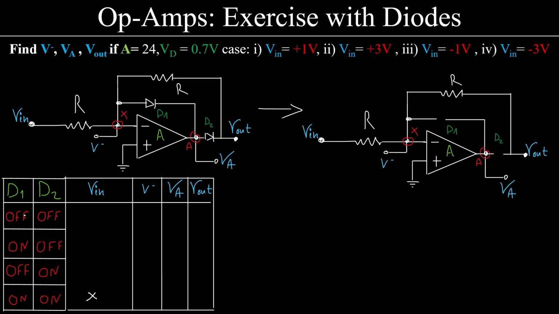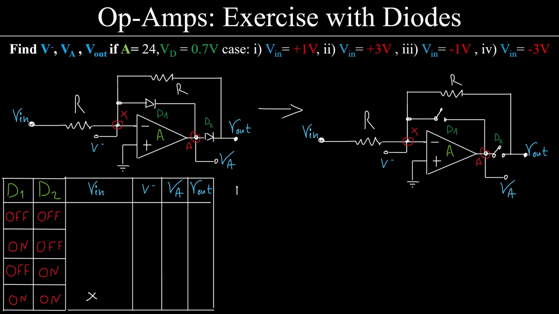So let's say for both of the diodes being off, what would happen? Well, if both of them were off, both will be represented by open circuits. But now the first thing I notice is that I don't have a negative feedback over here, so this is very strange, but let's continue anyway. Now, the first thing I always do is write the conditions of the two diodes.